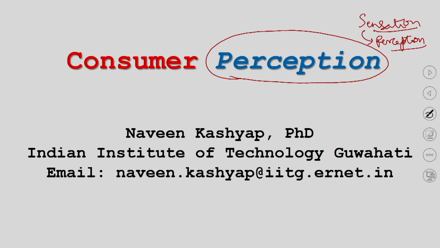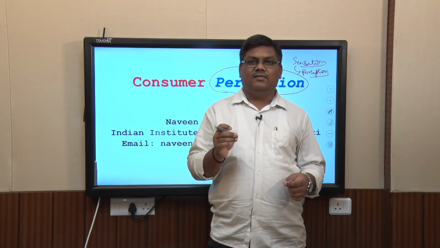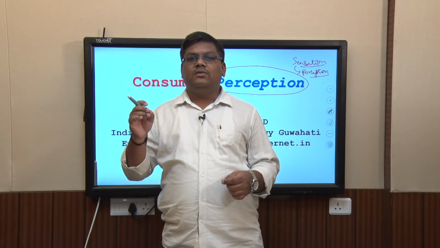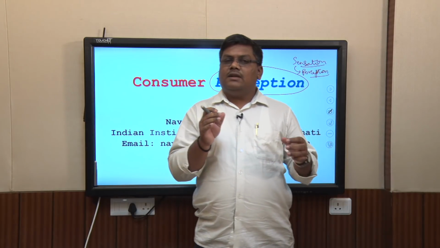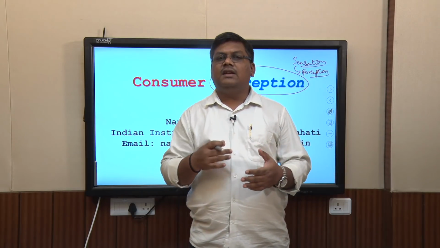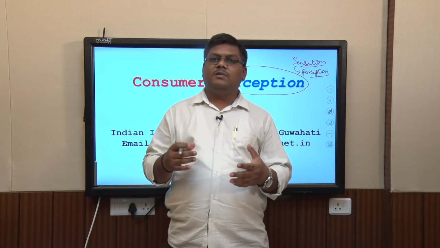The difference between sensation and perception lies in the fact that sensation is basically taking in stimuli from the external world and processing it or encoding it into psychological formats. So information which is in the external world, which is in the world outside of us, is basically in forms of physical properties.